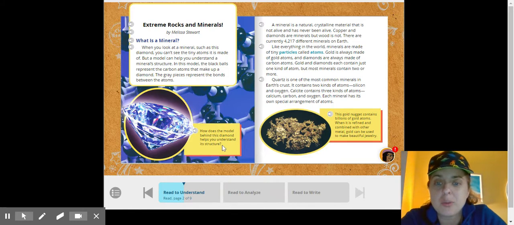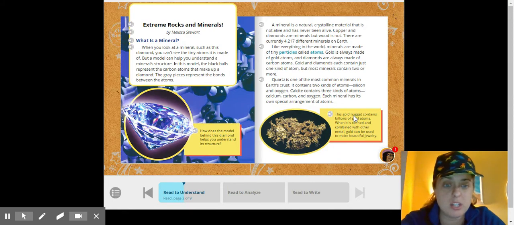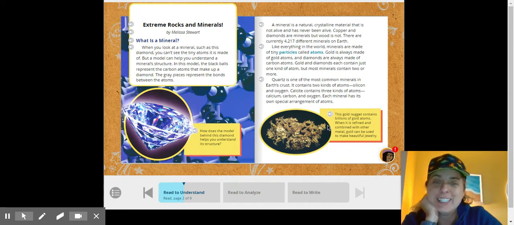How does the model behind this diamond help you understand its structure? Okay, so how does this model help you out? And then this gold nugget contains billions of gold atoms. When it is refined and combined with other metal, gold can be used to make beautiful jewelry. Ooh la la. All right.